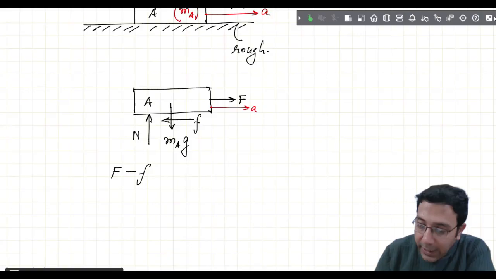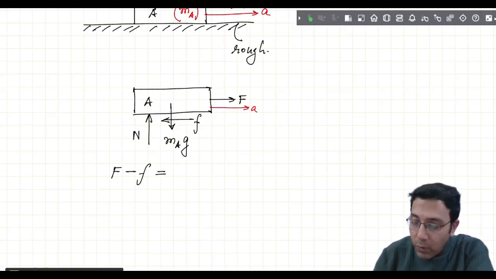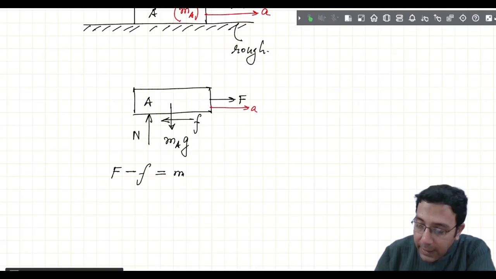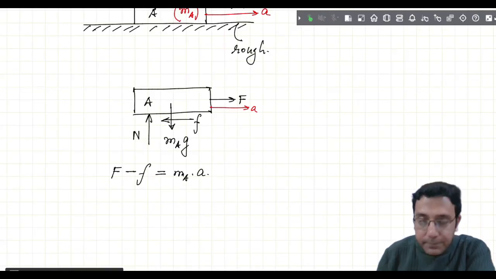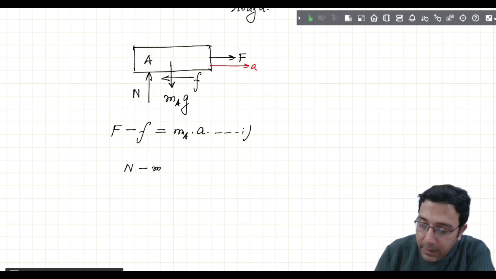So F minus f is not 0, so it is accelerating. What will be the acceleration? MA into a. This is equation number 1. There will be another equation. We can write N minus MA into g is equal to 0, or N equals MA into g.